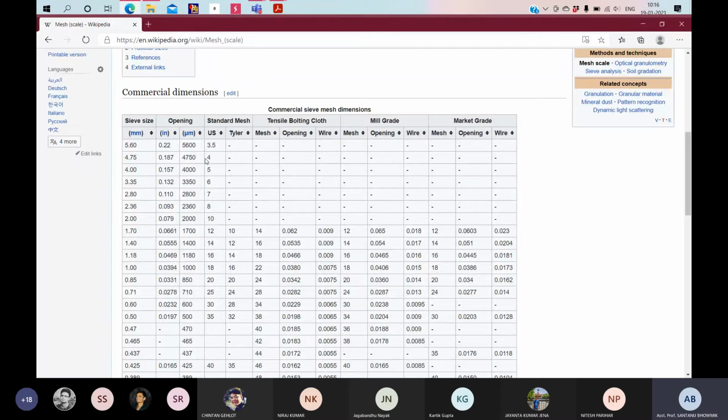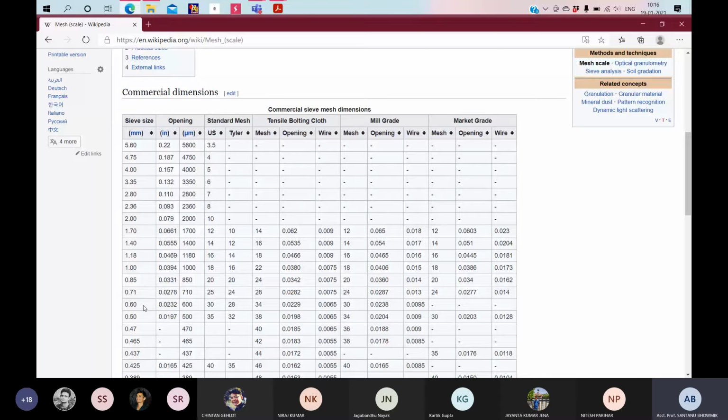And you can also see that if you increase the mesh size, suppose mesh size 4, which has a particle size of 4.75 millimeter opening, then if you go to mesh size 30, you can see that the opening is decreased to 0.60 millimeter.